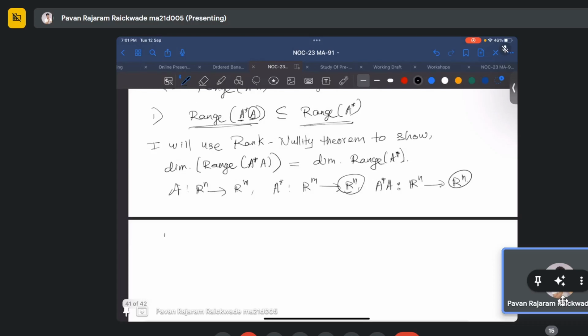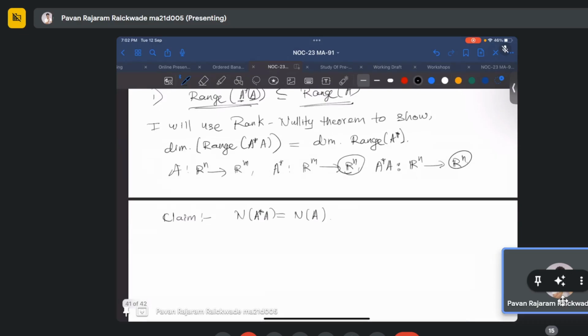Now claim 1: the null space of A star A is the same as the null space of A. I will prove this one.